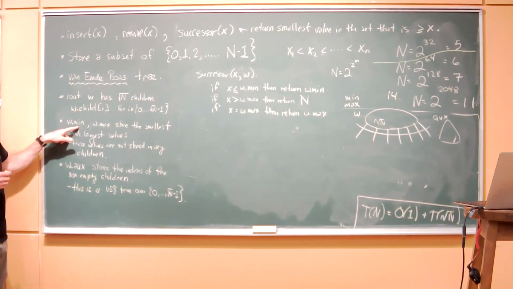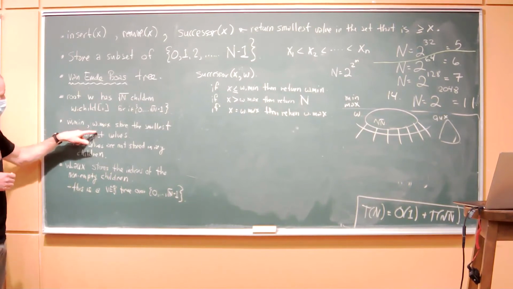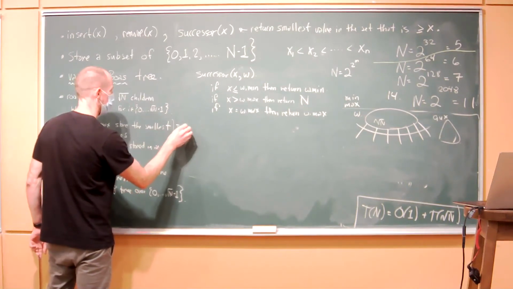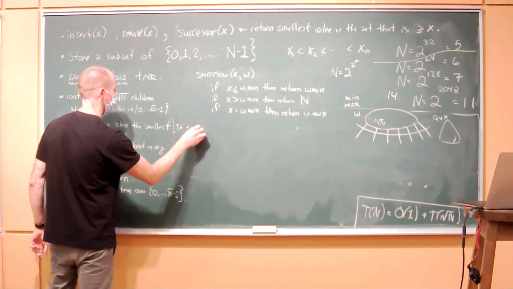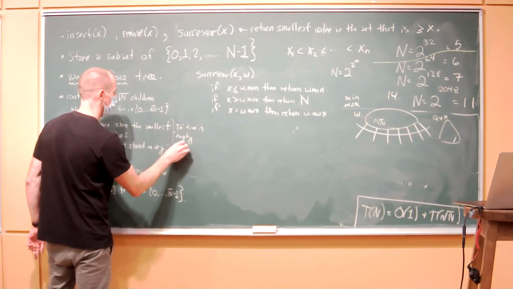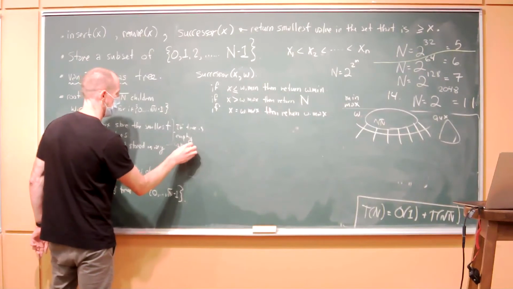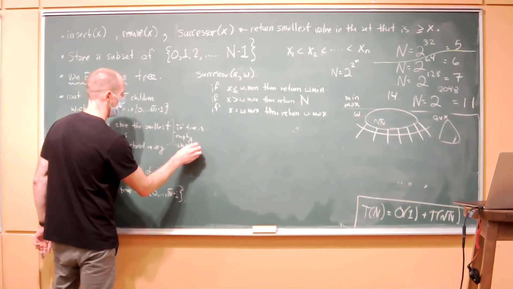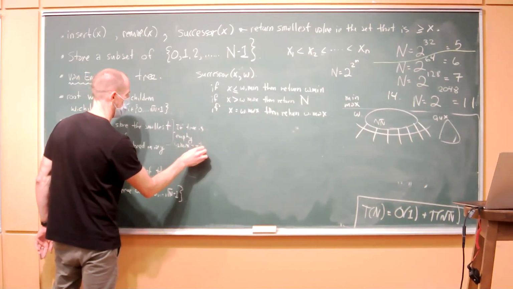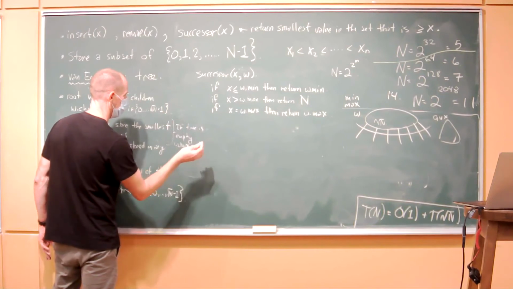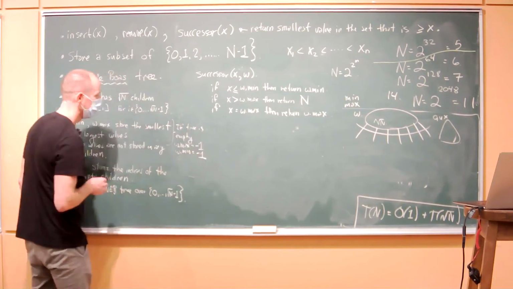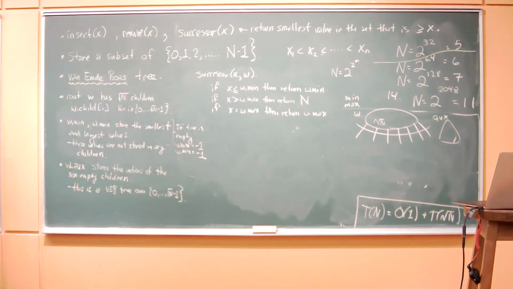So let's use the convention: if the tree is empty, then we'll set w.max equal to -1, and even w.min, just something that doesn't make sense otherwise, so we can tell if the tree is empty.